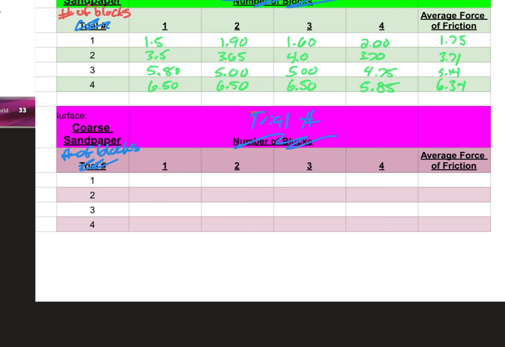For one block, we had 2.15, 1.80, 1.85, and 2.10. Adding a second block, we got 3.45, 3.25, 3.5, and 3.60.